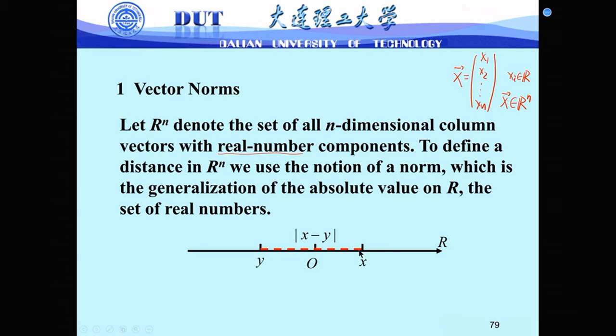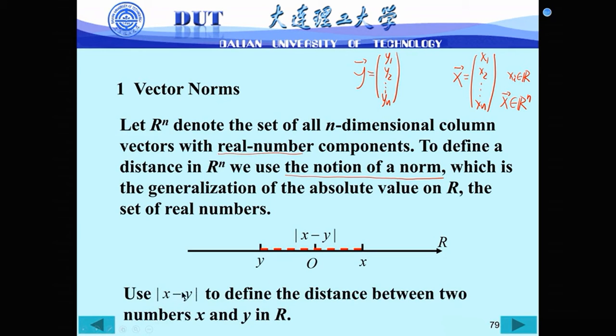Now, we have an n-dimensional vector x, and also a vector y, which is also y1, y2 to yn. We need to define the distance between the two vectors. So now we need the concept of norm.